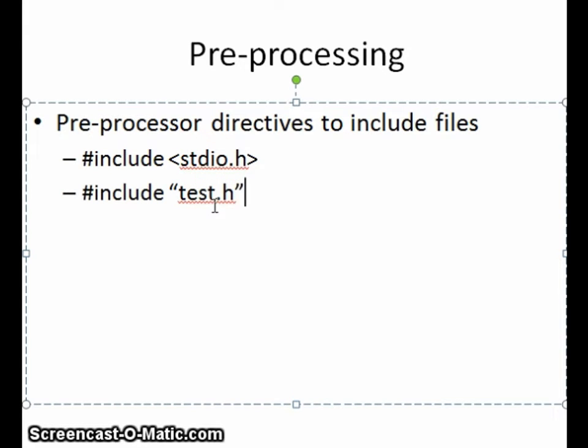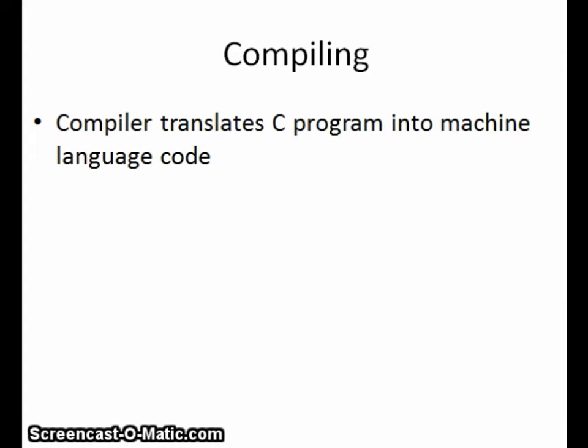At the next stage, it goes to compile, and in the compilation stage, the compiler translates the C program into machine language code.